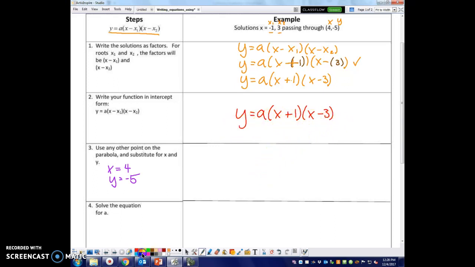So our y is -5 equals a, what's our x? x is 4. 4 plus 1, and then do 4 again. 4 minus 3, sorry. 4 minus 3.